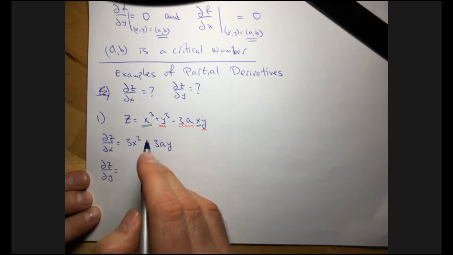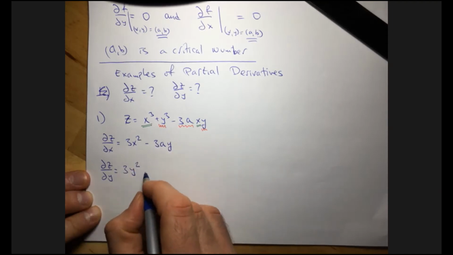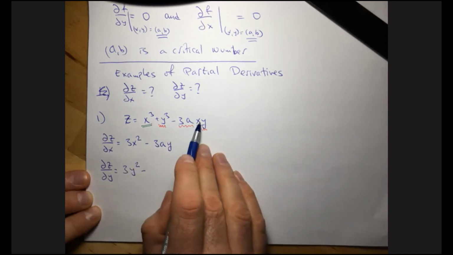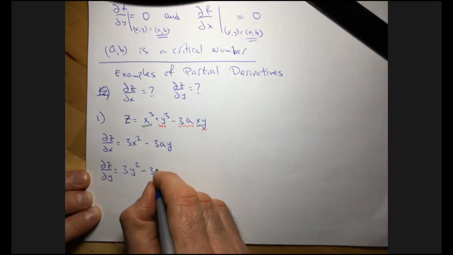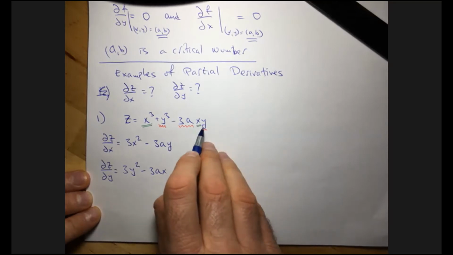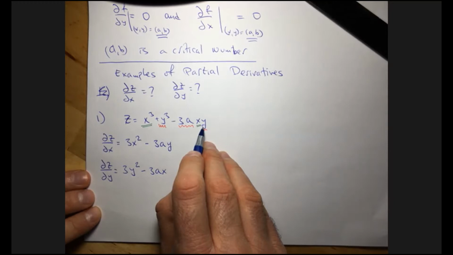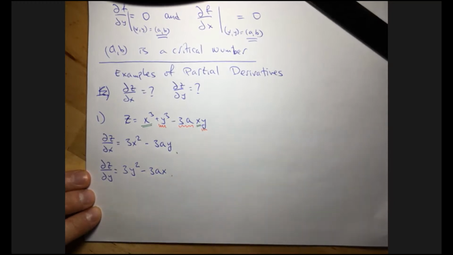Derivative of y cubed is 3y squared minus derivative of a constant times y is the constant, negative 3x times the derivative of y. Well, the derivative of y is 1, so this is my answer. Any questions?